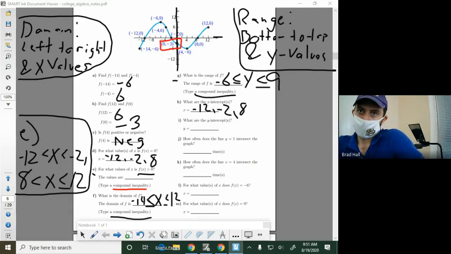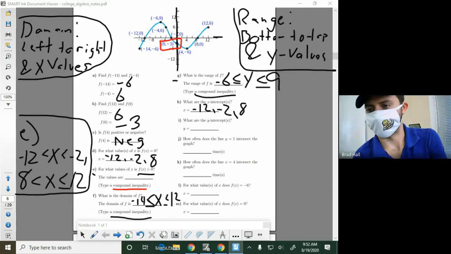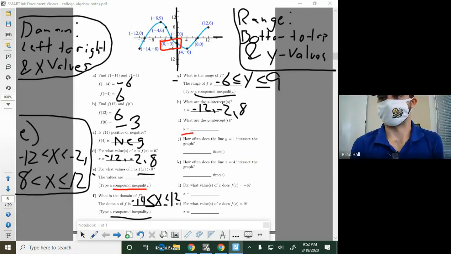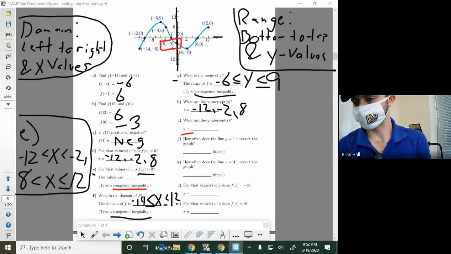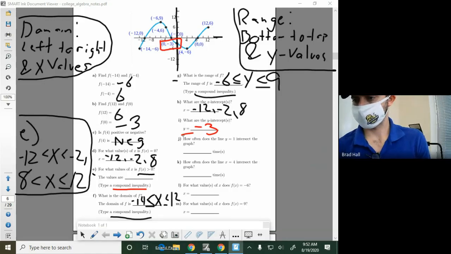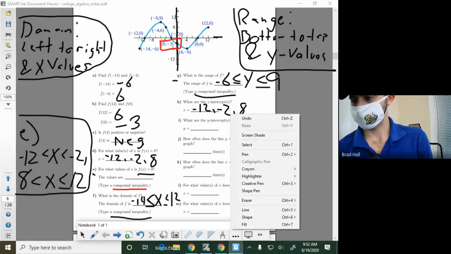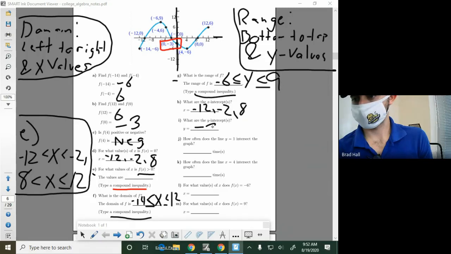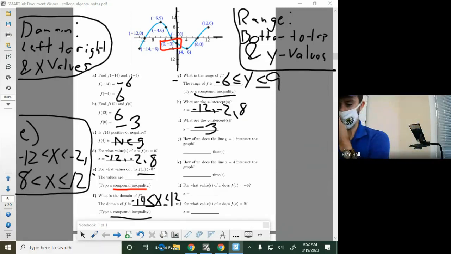So the y-intercept is when x is equal to 0, or in other words, when the graph intersects the y-axis. Notice it says y is equal to blank. So what is the y point? Just -3.